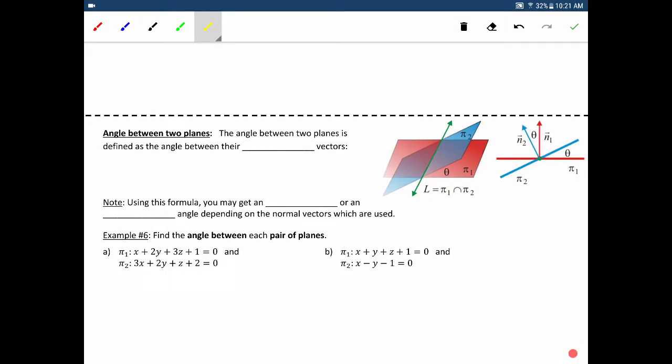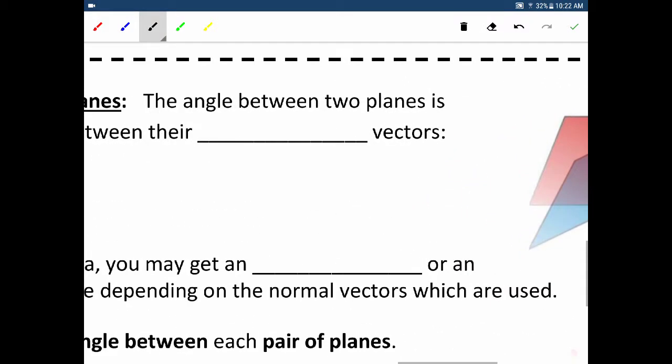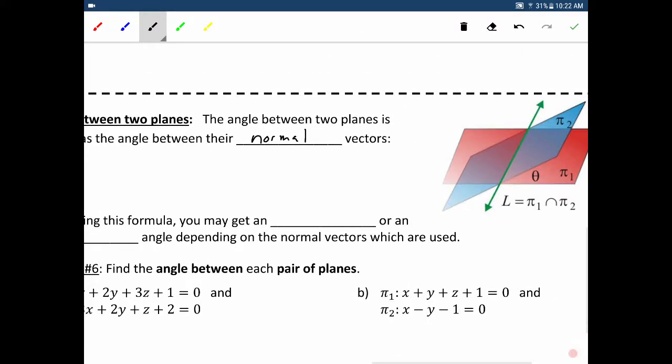And let's take a look at the angle between 2 planes. So, the angle between 2 planes is defined as the angle between their normal vectors. So we just find the angle between the 2 normals, and that will be the same as the angle created from the planes.